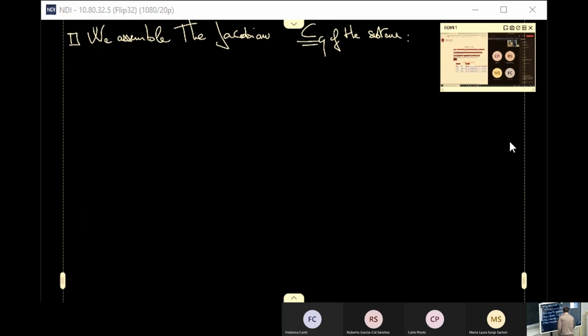This is an 11 times 12 matrix, yes. So it's quite big. So I'll take all the screen here.